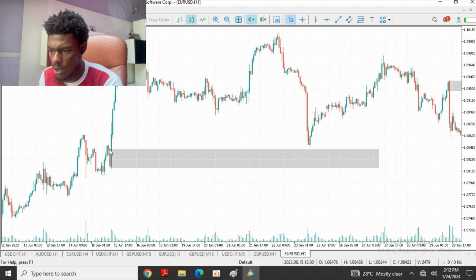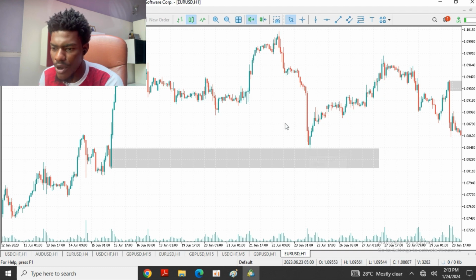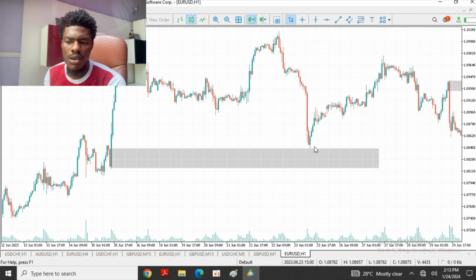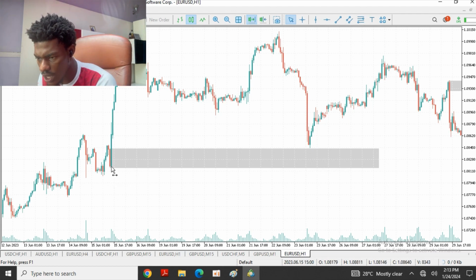All right. I did not cover up the wick. So what happened? Price missed it by a few pips, maybe because of my broker or spread or slippage, but it still respected it in one way or the other. You understand? Even if you look here closely also, I'm just giving examples.